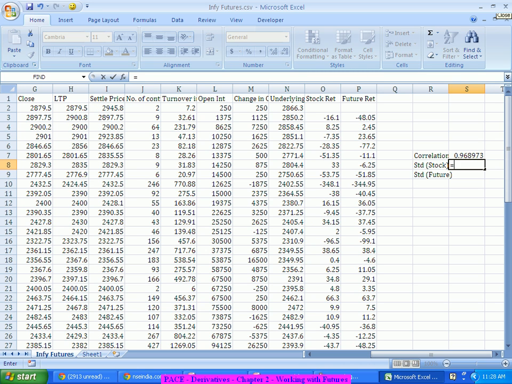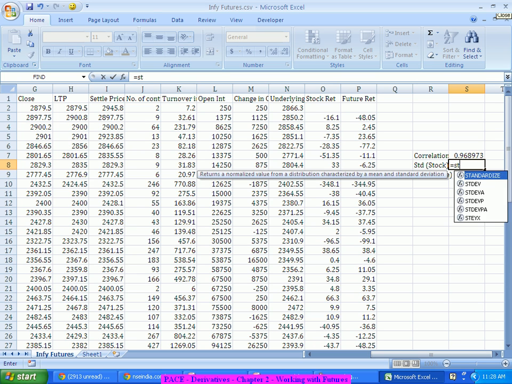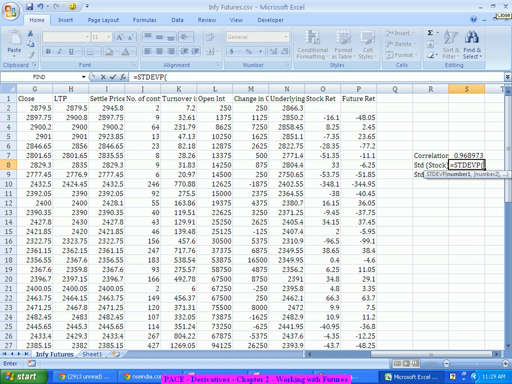So I'll use STDEVP, the population standard deviation, of the stock market returns.